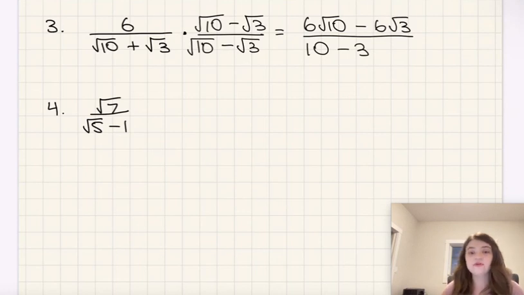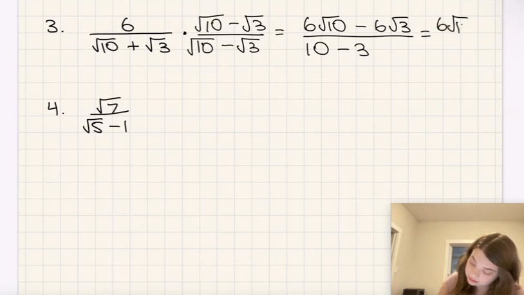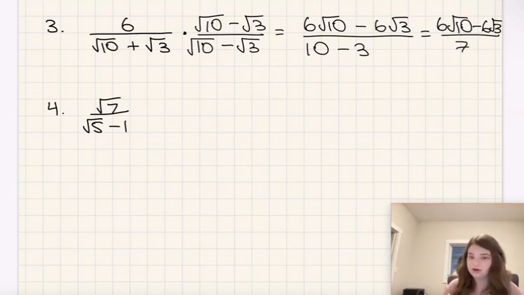We're going to get plus root 30 minus root 30 with outer and inner. So we can just skip those. And then we have 6 root 10 minus 6 root 3 over 7. So again, we got rid of the radical portion of our denominator, which was the whole goal.